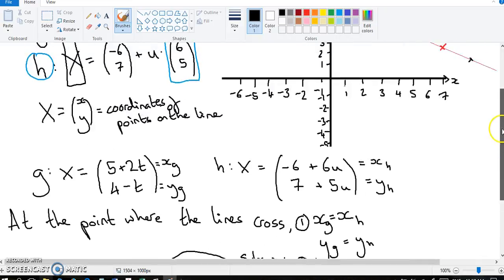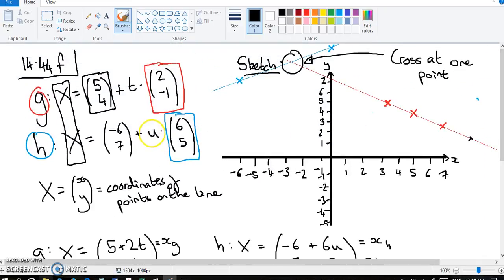So if I substitute u into h, so instead of writing u here, I write 5/16, I see which coordinates I get out at the end.